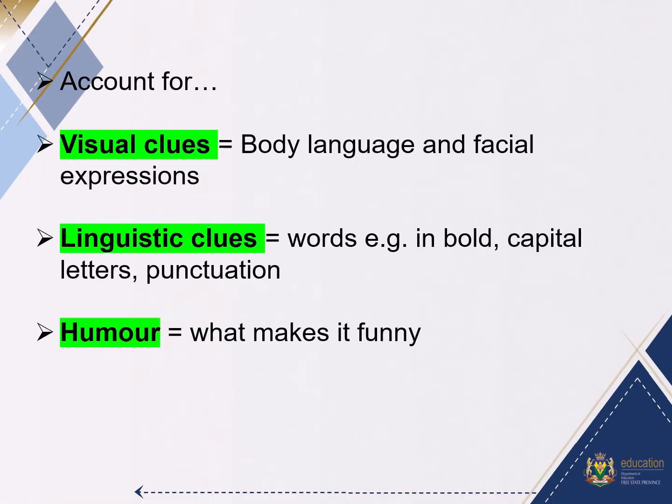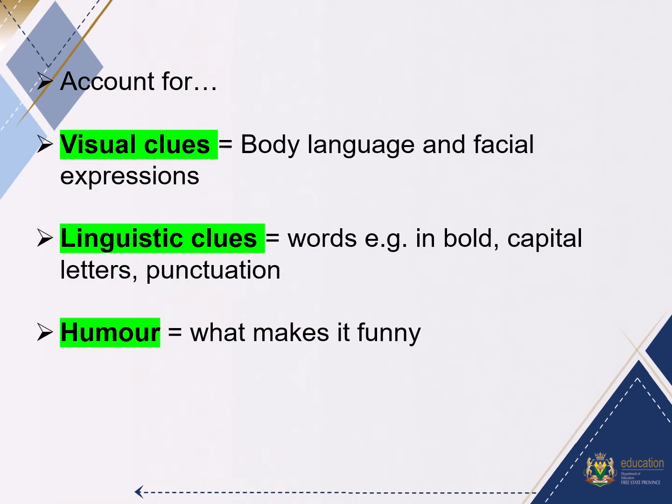What do we need? We need to account for the visual clues. That would be things like body language and facial expressions, and then we also have verbal or linguistic clues. That's things like the words. For example, they could be in bold, in capital letters, the punctuation used.